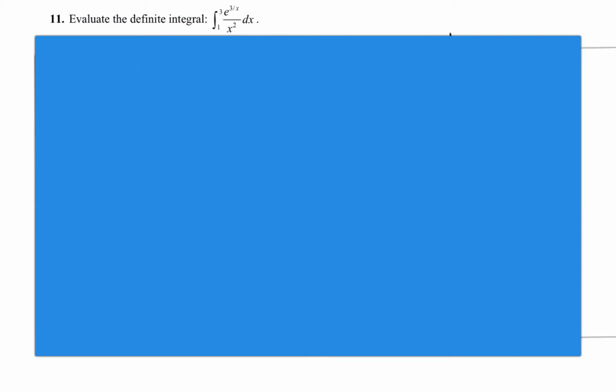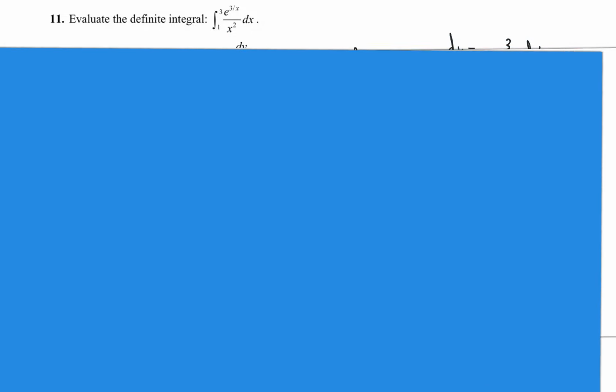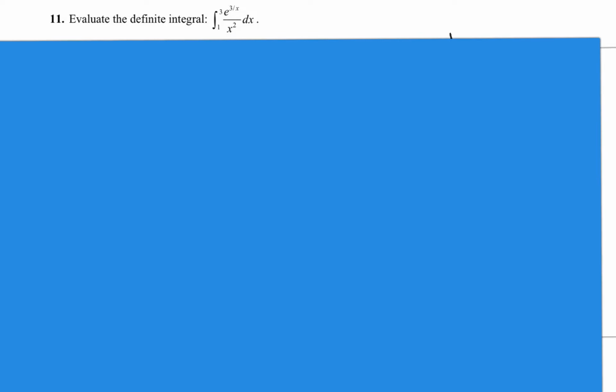So let's do this integral. It is the integral of e raised to the 3 divided by x, divided by x squared. So the logical thing is to say that u of x equals 3 divided by x. Why? Because if you put u equals 3 divided by x, what will happen?